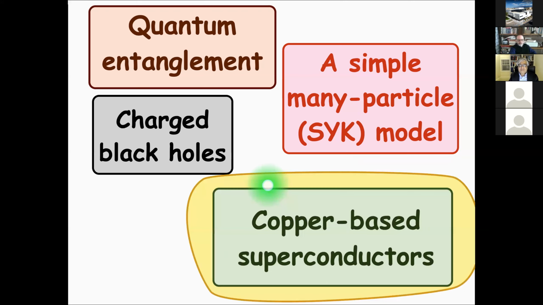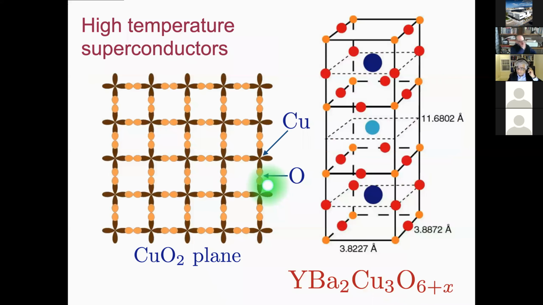Okay, but now let's get to the world I normally live in, which are things like high temperature superconductors. So here's an example of the system I'd be interested in, yttrium barium copper oxide. But for our purposes, it's nothing but a square lattice of copper ions. And there's just one orbital on each copper site.